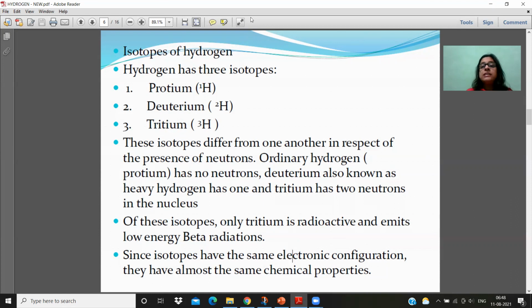So today we have studied why there is a need to study hydrogen separately, how we can explain the position of hydrogen in the modern periodic table, the resemblance of hydrogen with alkali metals and halogens, and the different nature shown by hydrogen with respect to alkali metals and halogens, as well as the occurrence of hydrogen and isotopes of hydrogen.